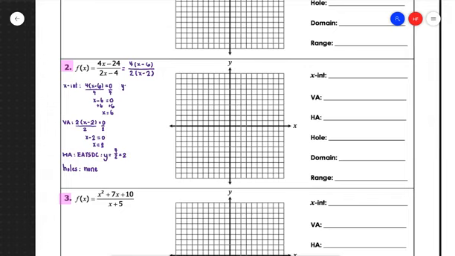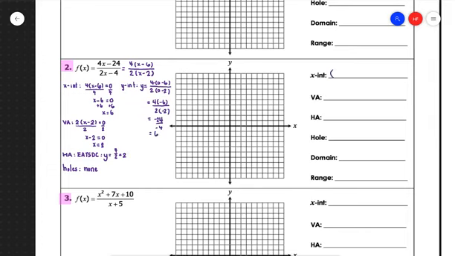We don't have anything that crosses out, so we're going to have no holes. And then let's find our y-intercept. So we would have y equals 4 times 0 minus 6 over 2 times 0 minus 2, which is 4 times negative 6 over 2 times negative 2, negative 24 over negative 4, which is positive 6.